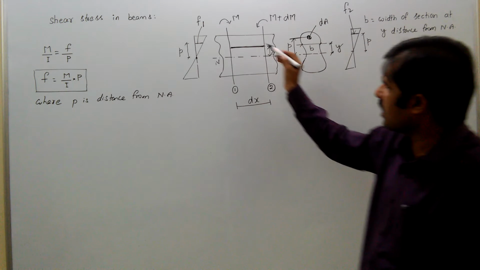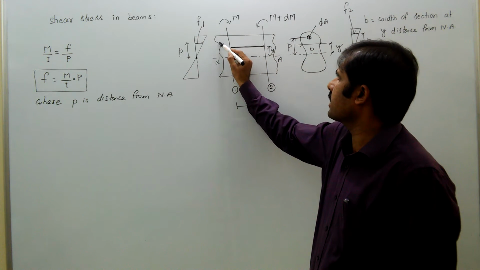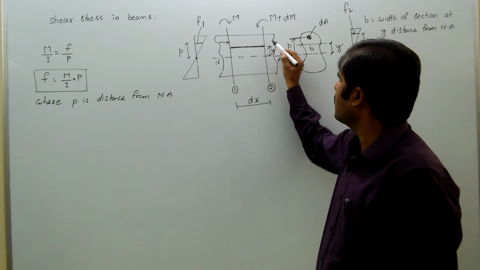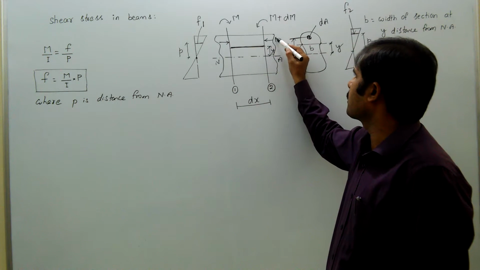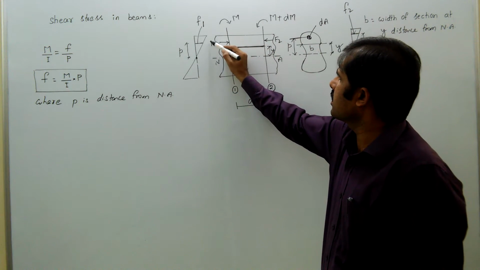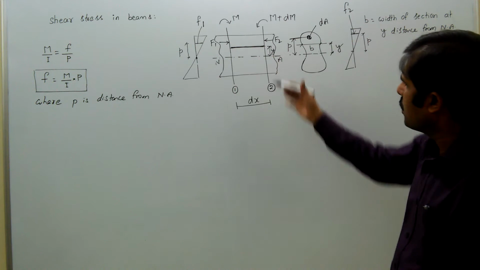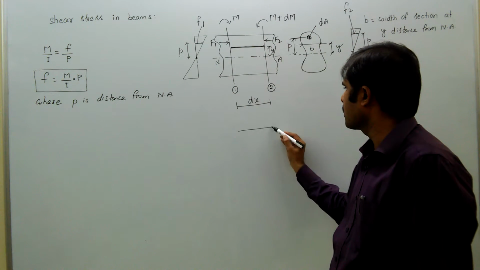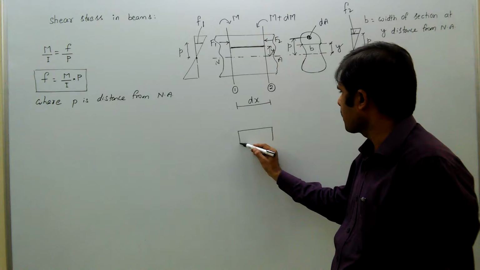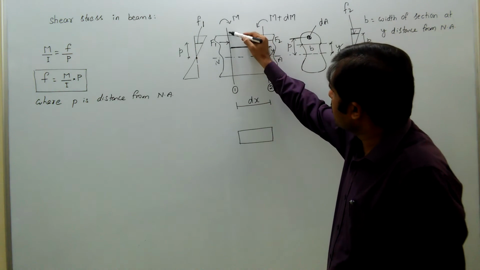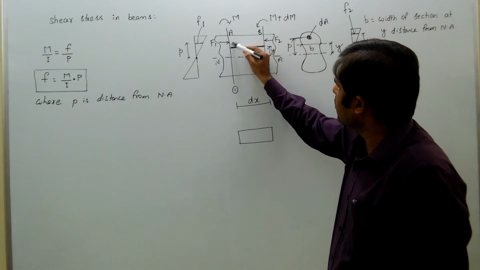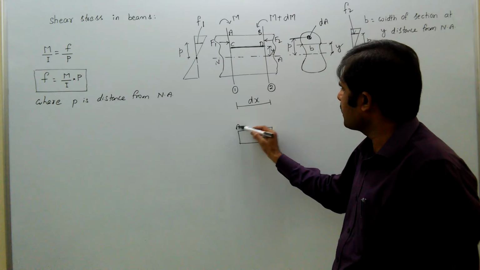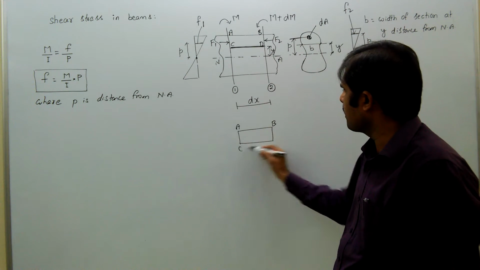So what is the total force F1 acting on this element, and what is the total force F2 acting? This is capital F2, this is capital F1. That means we are considering this entire element separately like this. Suppose this is A, B, C, D. I am drawing A, B, C, D here separately.